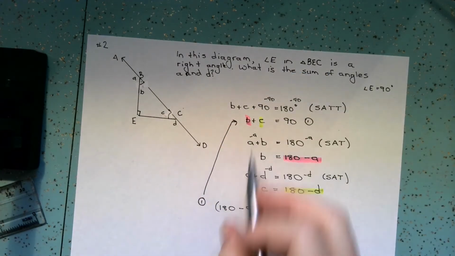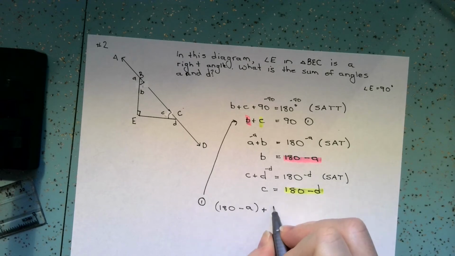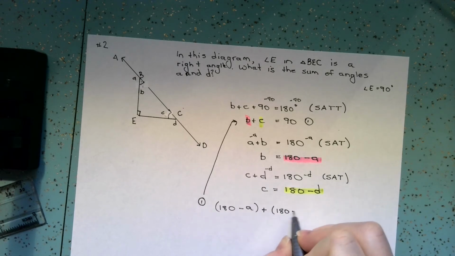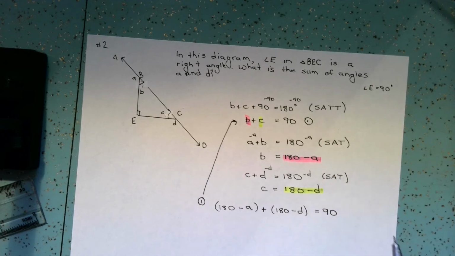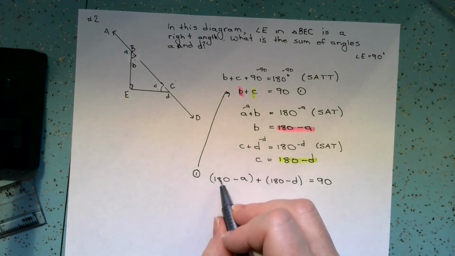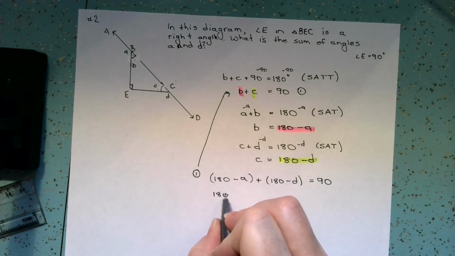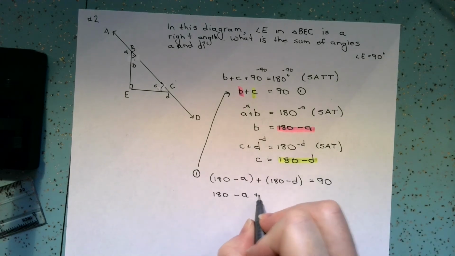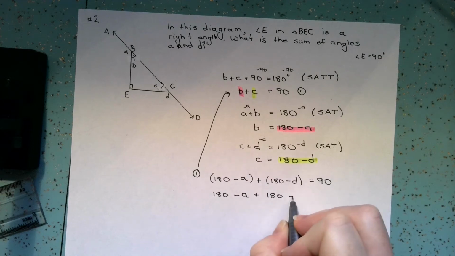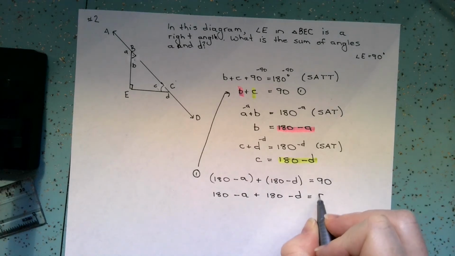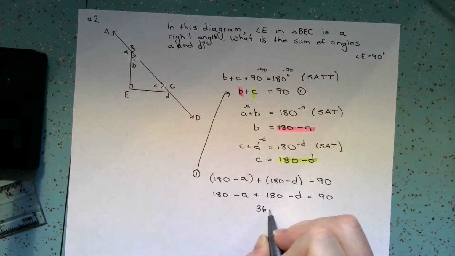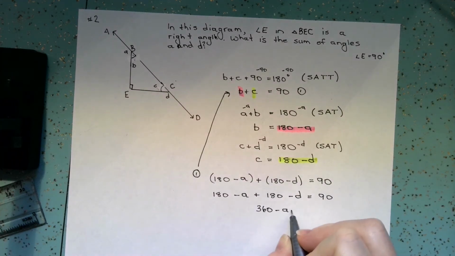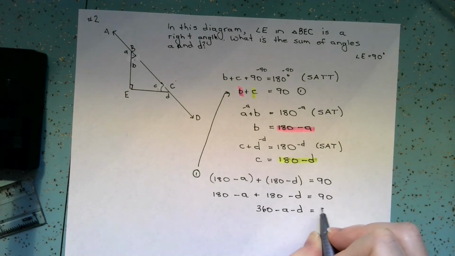So instead of B, I'm writing 180 minus A, and instead of C, I'm writing 180 minus D. And that is all going to be equal to 90. So let's go ahead and simplify that. I have 180 minus A when I multiply my bracket by 1, and I have 180 minus D when I multiply my bracket by 1, and that equals 90. So 180 and 180 is 360, and then I'm subtracting A and I'm subtracting D, and that equals 90.